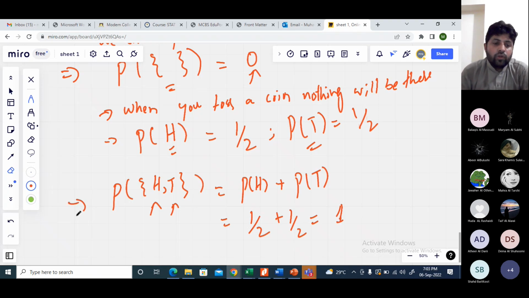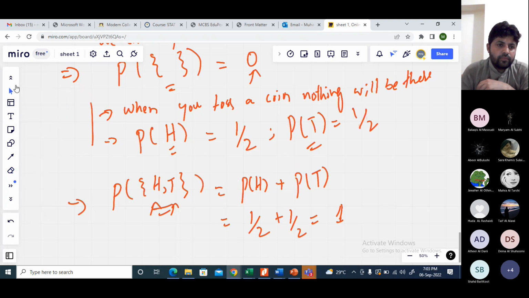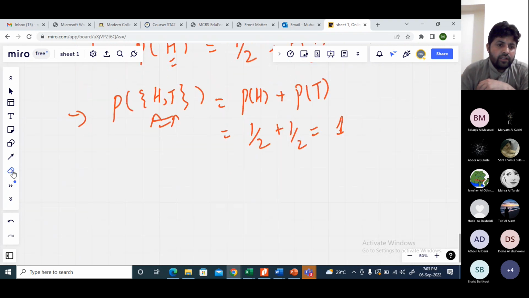So what is now the meaning of it? The main thing is to understand the meaning of this event. I am trying to explain you the meaning of this event. The head and tail, this is an event.